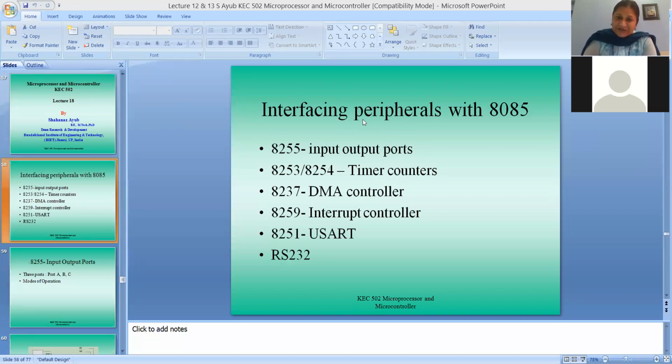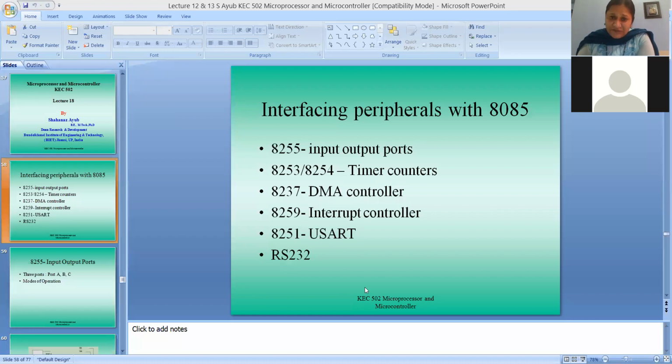They should have addresses, because suppose you are interfacing 8255, and simultaneously you want to access timer counters, the DMA controller, and the interrupt controller. Then how do we identify which peripheral exactly is communicating with the 8085 microprocessor?